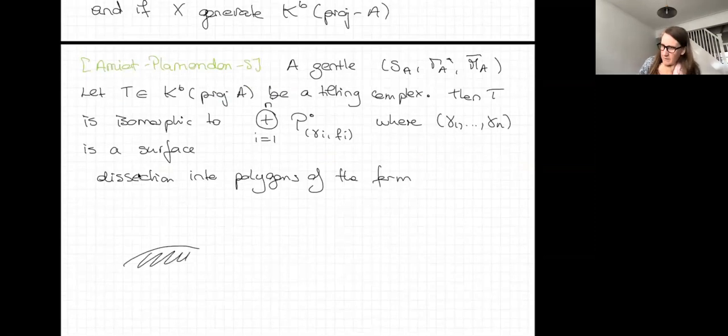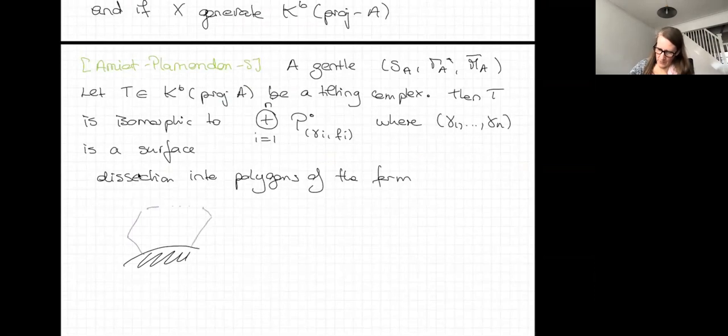Well, either they are, and I'm not going to use black because the black dissection is the one associated to A. So this is now a new dissection, but still it cuts the surface up into polygons.